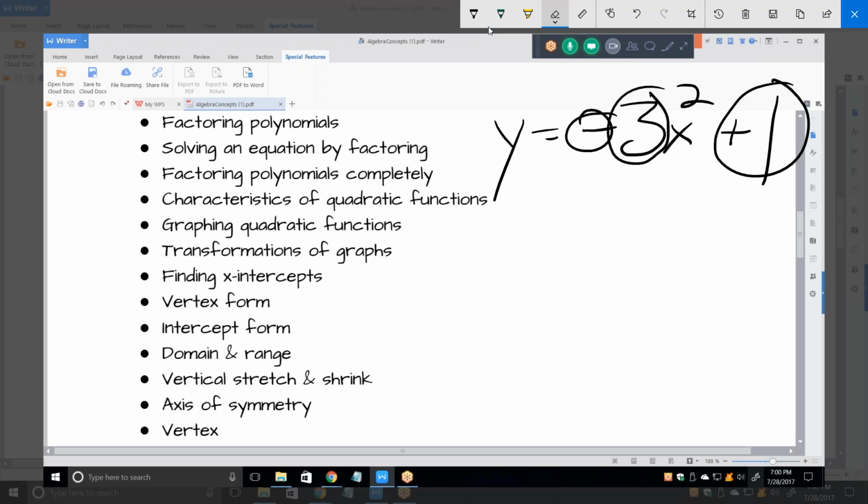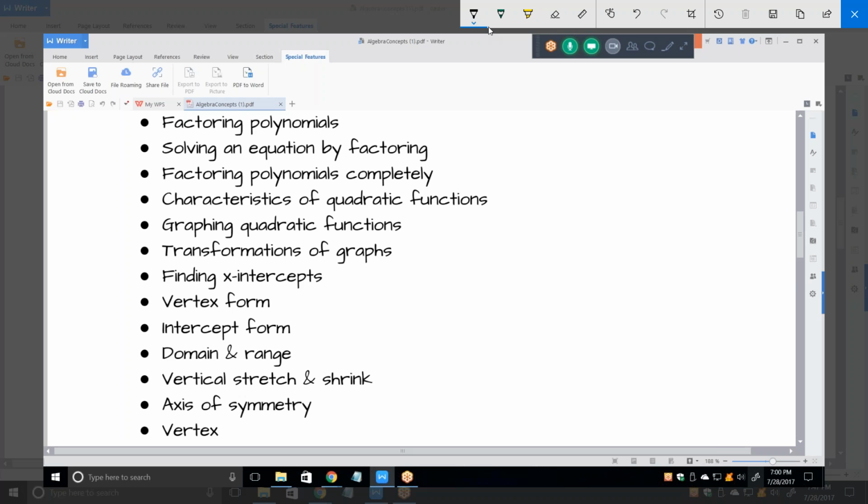Now, let's talk about horizontal, because there's 3 of those also. And there's my parent function. And let's start with a horizontal reflection. Well, first of all, it's horizontal, so the negative sign is inside the function, right?